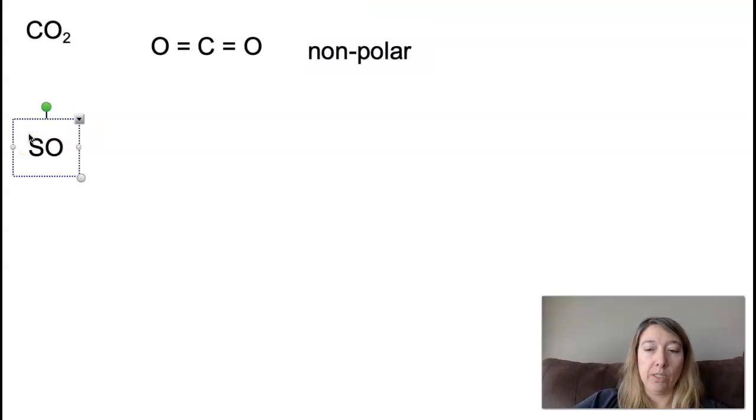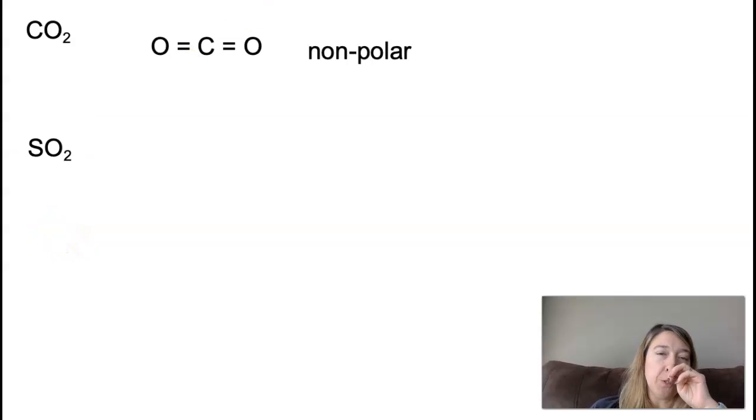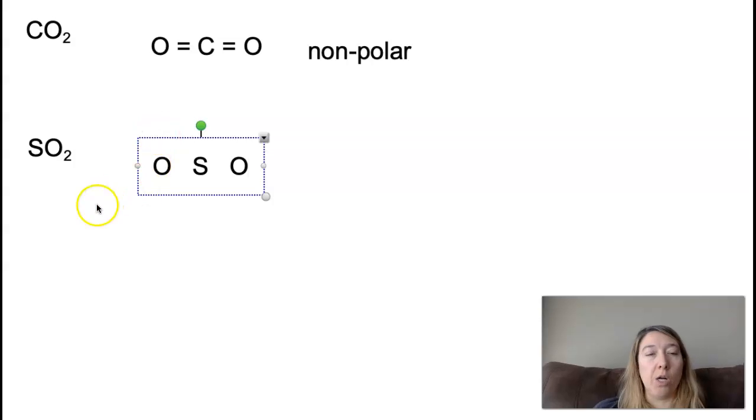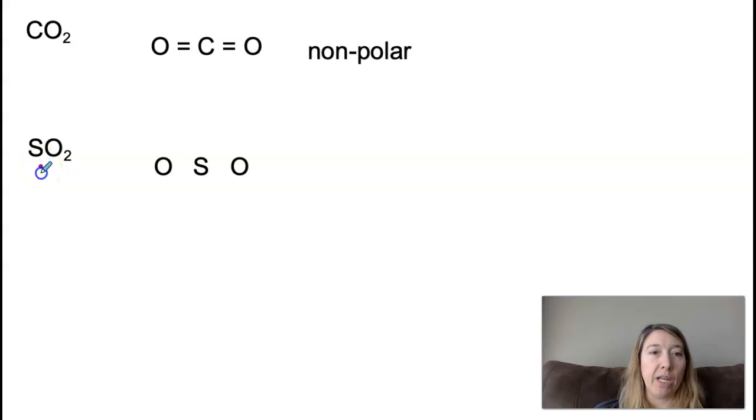But now let's look at SO2. If we were to draw out SO2, we would have the same general setup of an O, then an S, and then another O. But if we count out how many valence electrons we're actually allowed to have, we're allowed to have 18.